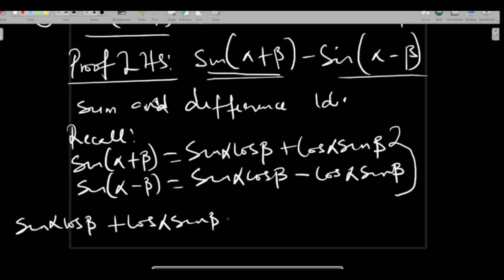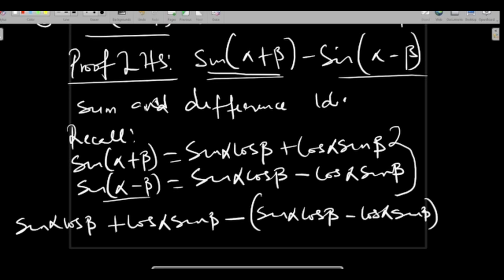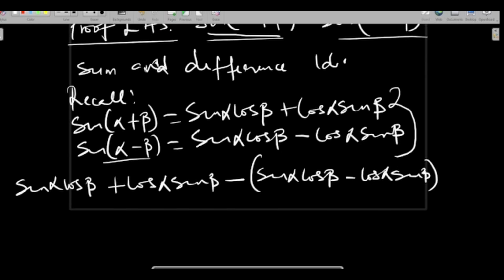Then we have minus, and I'm going to open my bracket and put everything here because this is my sine alpha minus beta. It now becomes sine alpha cos beta minus cos alpha sine beta. Since they are subtracting, I have to put them in the bracket.